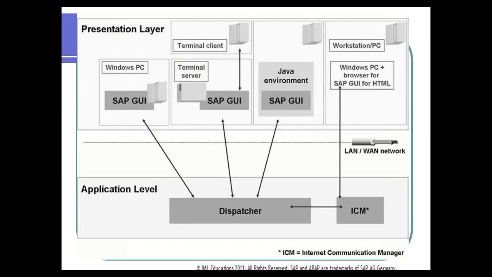So if you want to use a web browser to connect to your SAP system, then in the application layer we should have something called ICM. Without that, you won't be able to connect to the server using your web browser. We'll talk about this application layer next. Then you'll understand what this dispatcher and ICM that you see on the screen are. So this is about your presentation layer.